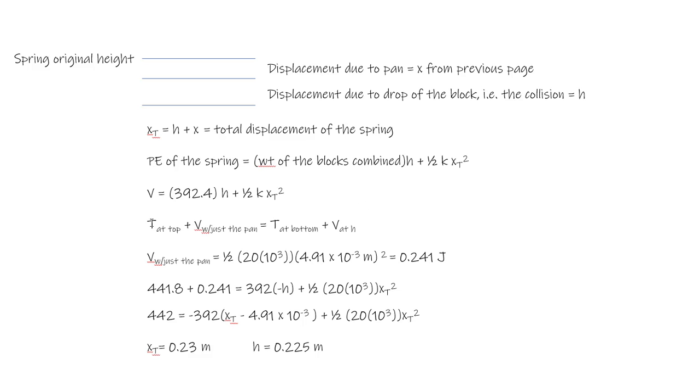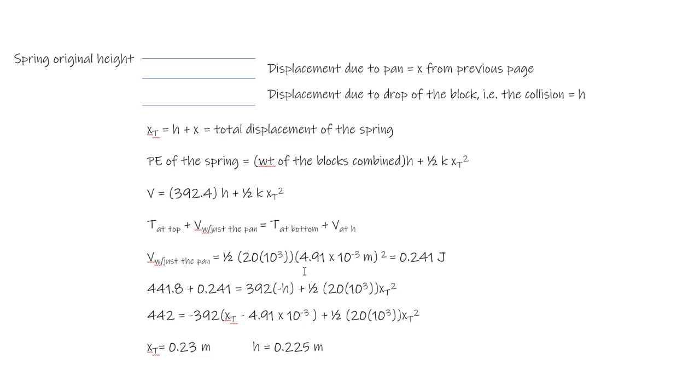Let's look at the total energy at the top plus the potential energy with just the pan, which is going to equal the kinetic energy at the bottom plus the potential energy at h, that separation at h. Now the potential with just the pan is going to equal that initial deflection that we had, right?